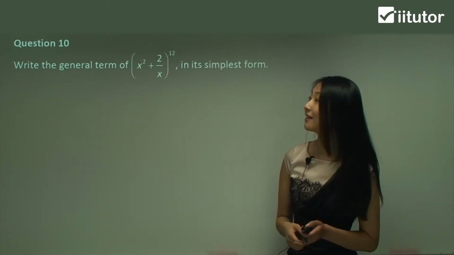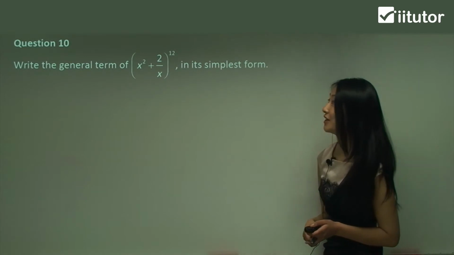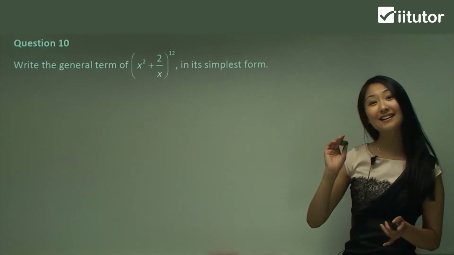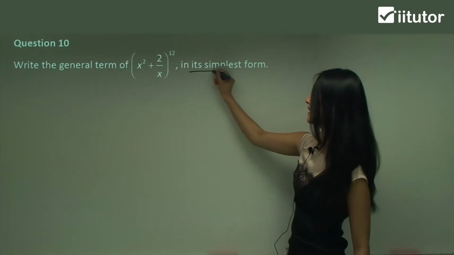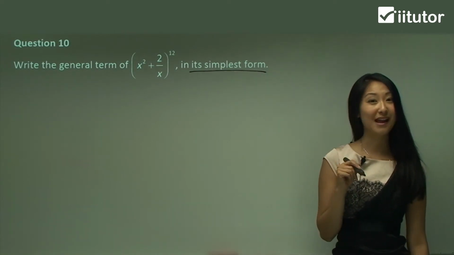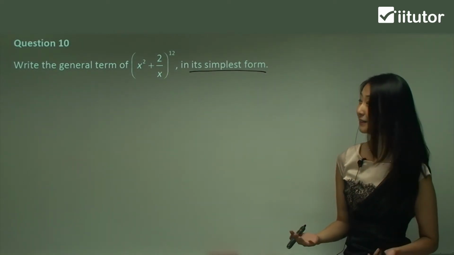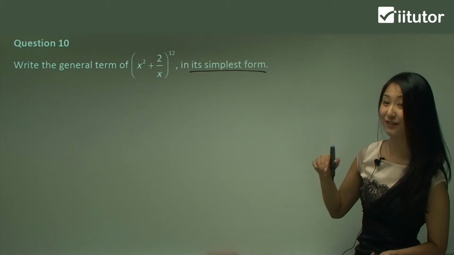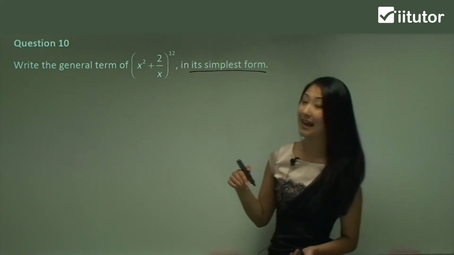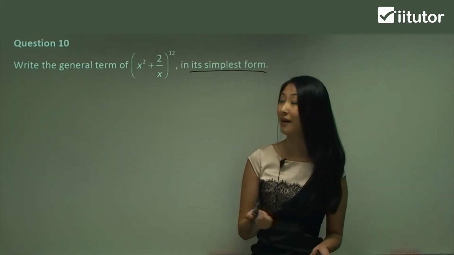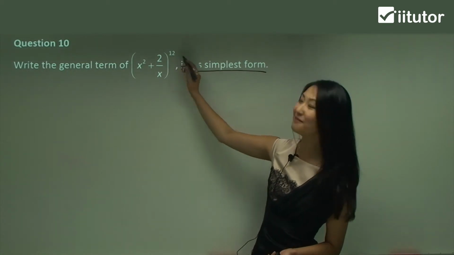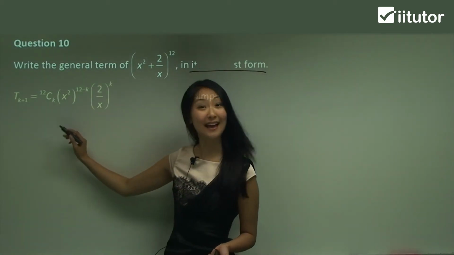Now, what about fractions? Let's practice writing the general term of this. Note how it specifies in its simplest form, which means we're probably going to have to simplify a little. So let's write the general term first. T_{k+1} is going to equal 12Ck.